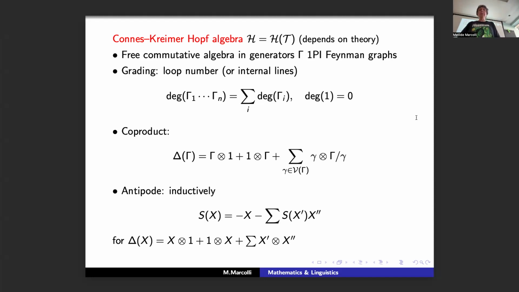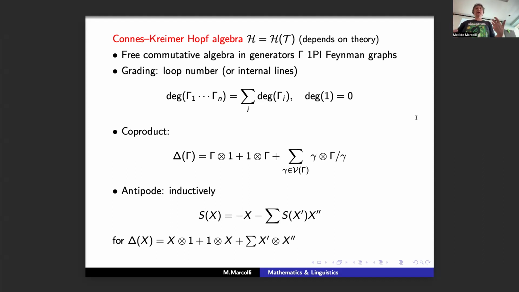And the coproduct is designed exactly for the fact that when you check the consistency of renormalization, you need to check what happens on substructures. So you need to be able to extract a substructure and consider separately a subgraph and what you're left with when you remove that subgraph.